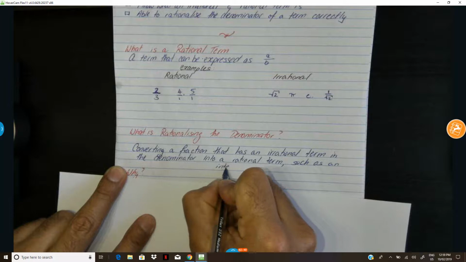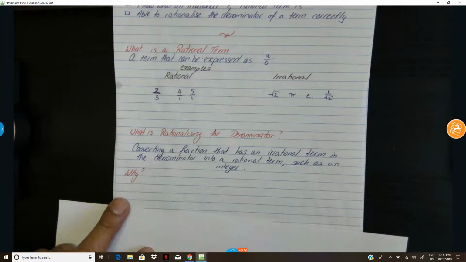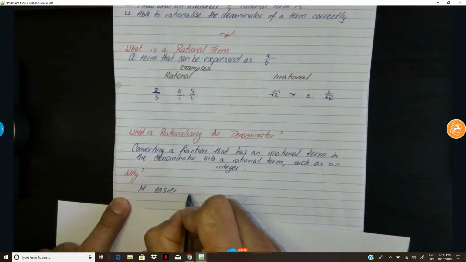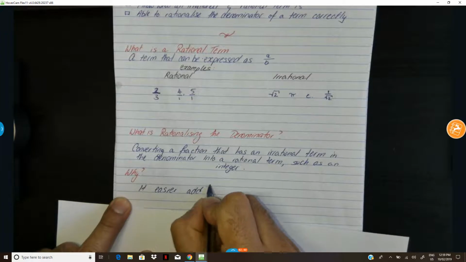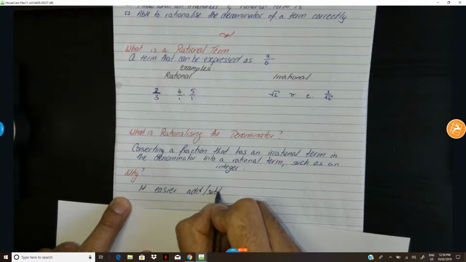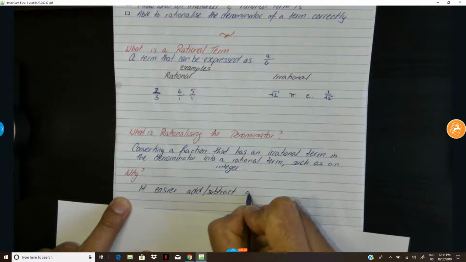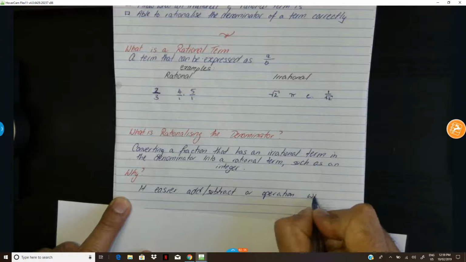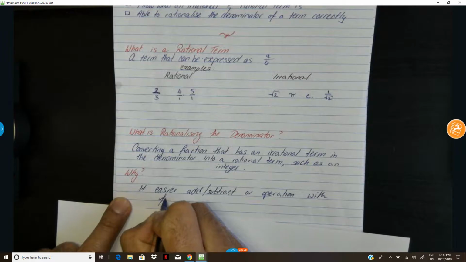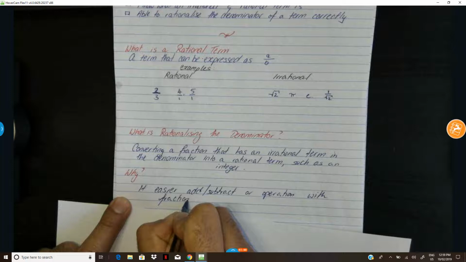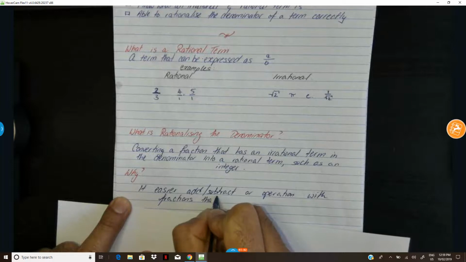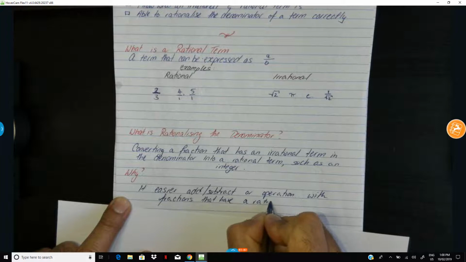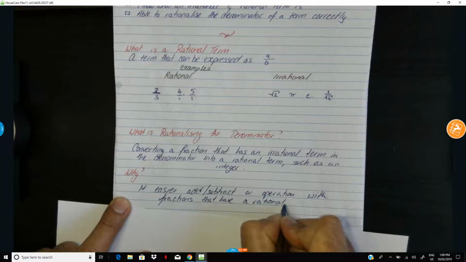And the reason why we do this is it's easier to add or subtract or to operate with fractions that have a rational denominator.